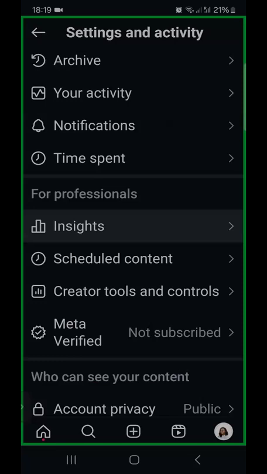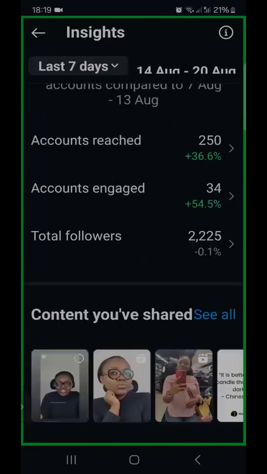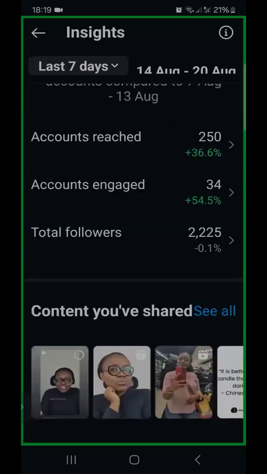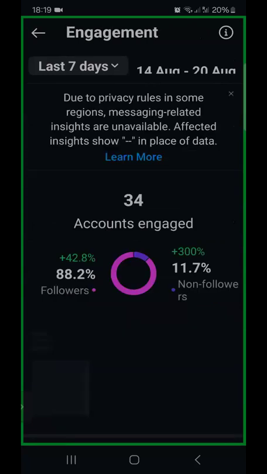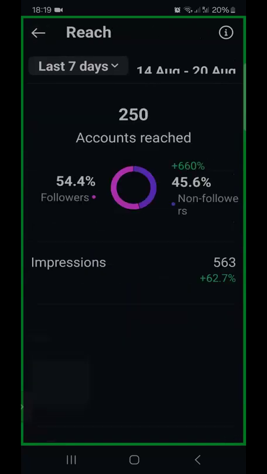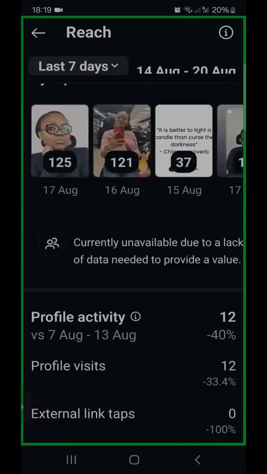So again, you can also then look at, okay, I'm going to go into engagement. I think I've gone into accounts reached. Yeah. So from the accounts reach, profile activity, that's what did people do after seeing the posts? Did they go to my profile? Did they click on other posts? It was 12 people that did that. And then profile visits, 12.